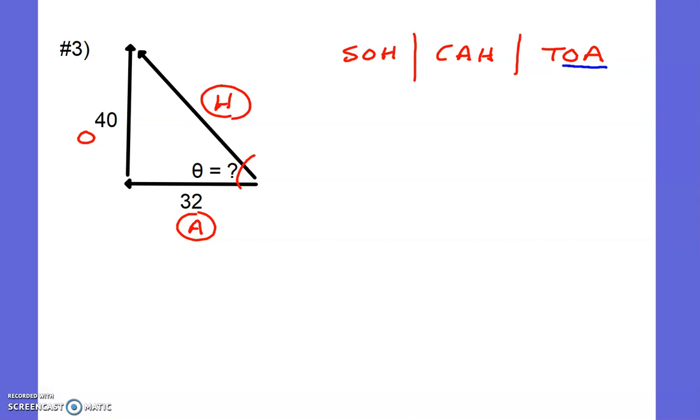But we write it a little bit different on this one. We write down we're solving for the angle. And so again, we have the tangent, but we're going to put it as a -1 here. It just means to undo the tangent. Take the inverse tangent, we say.